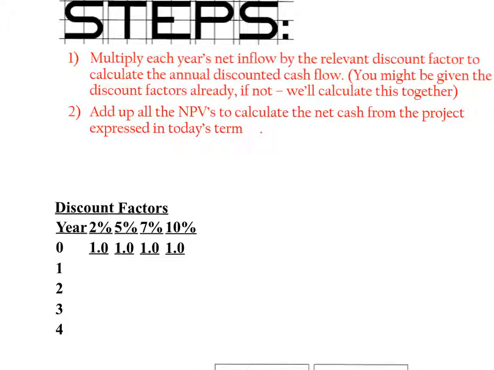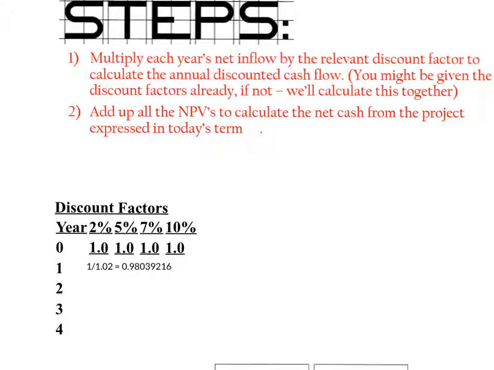Now we know 2%, if we were to convert that into a decimal, we'd get 0.02. So we'd do this really simple calculation: 1 divided by 1.02, and that would get us 0.980399216.